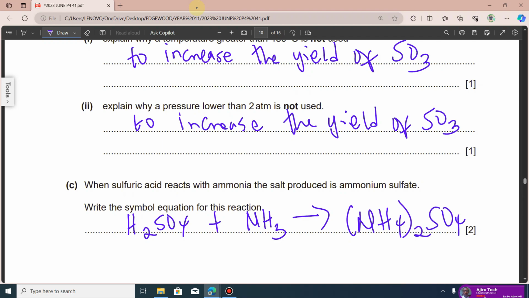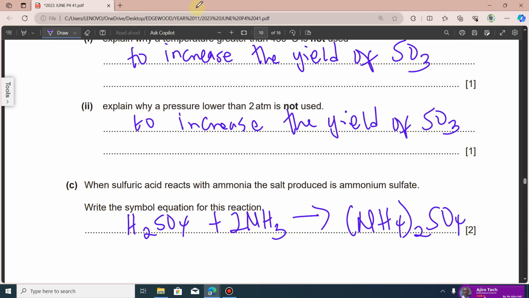It's the salt produced. So we have 2 nitrogens here. I think that should be a balanced equation because there are 2 nitrogens, 8 hydrogens, 6 plus 2, 8, and then 1 sulfur, and 4 oxygens. So this is what happens in this case.